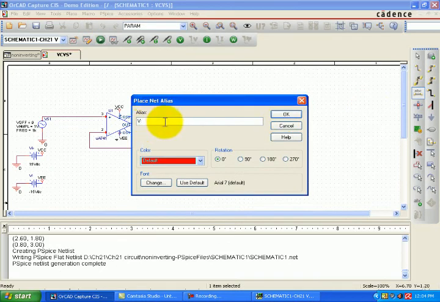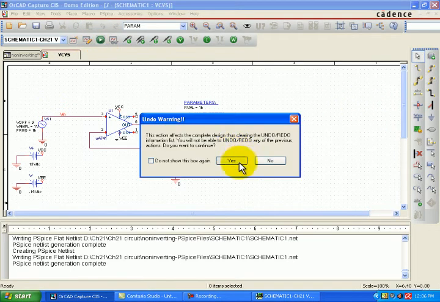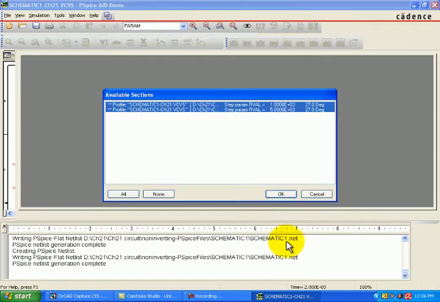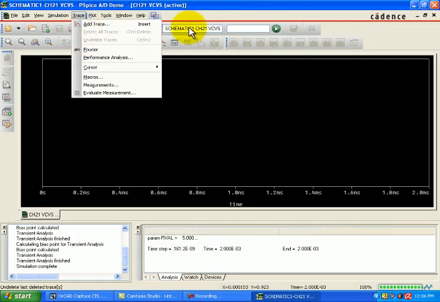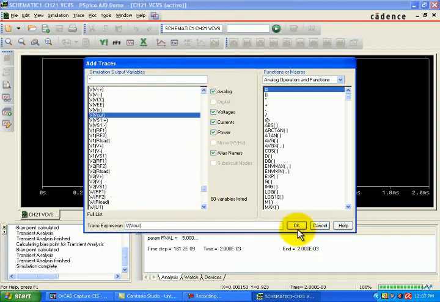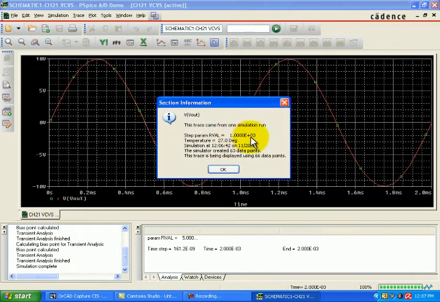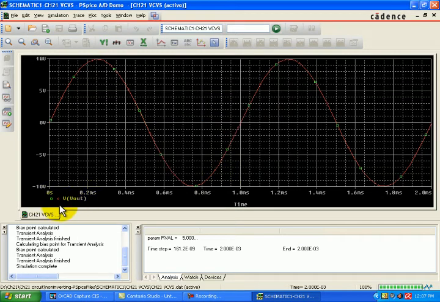This will be our net alias, where we are going to check the output against V input. Run the simulation. So we're giving a parametric sweep. Now generate an output graph. That's the V output voltage.